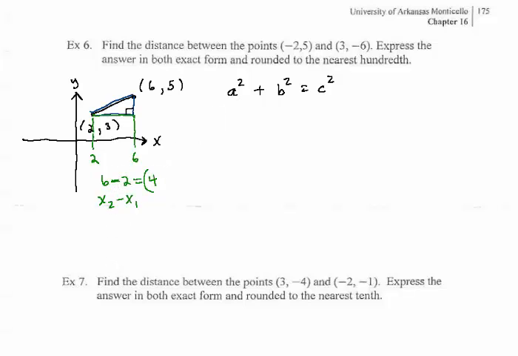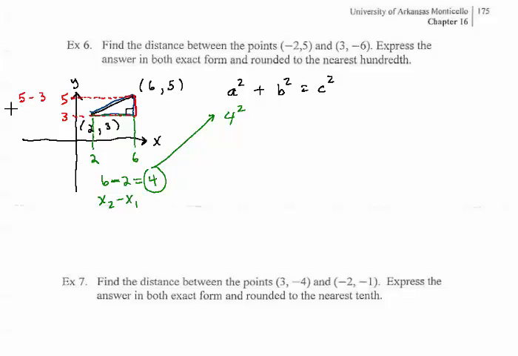So what we can do with this 4 is put it in the place of one of these legs, a or b. So we have 4 squared. Now we'll do the same thing with the y. Y is a vertical side, so if we want to find its length, all we have to do is trace it back to the y-axis, read the y coordinates, the bottom one's 3, the top one's 5, and take the difference of them, 5 minus 3.